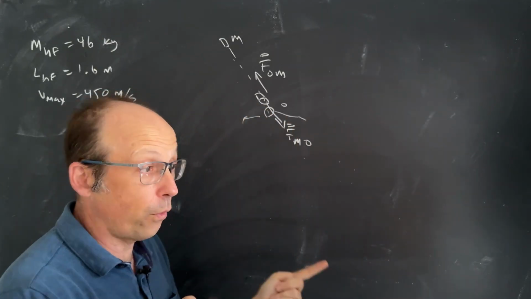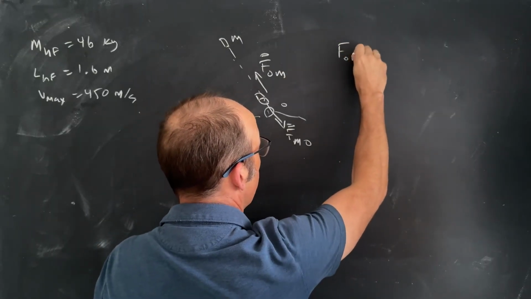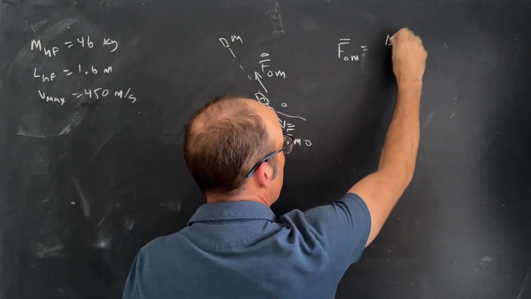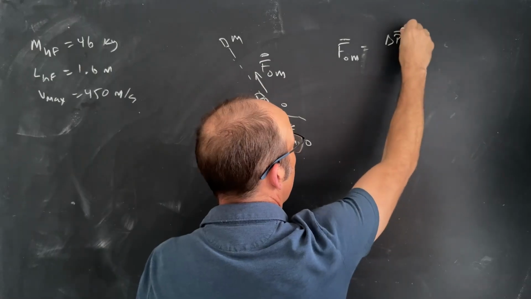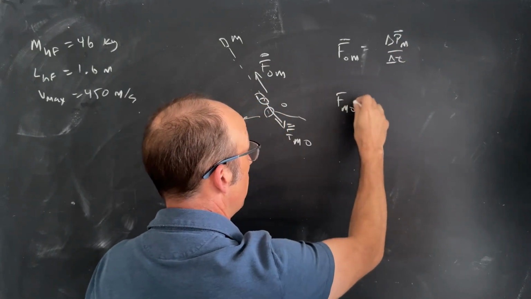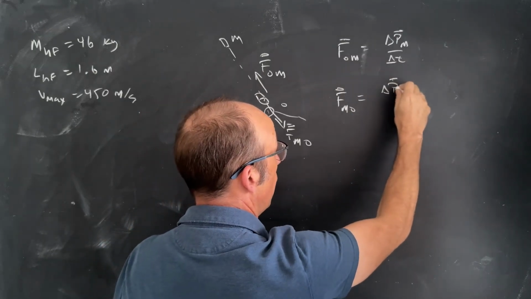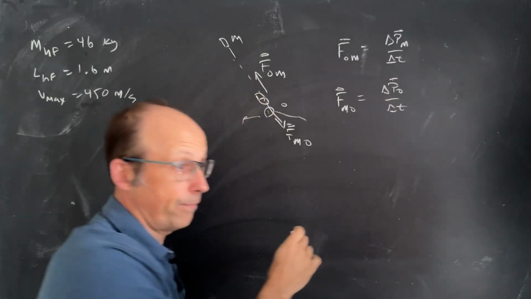Now, what do forces do? The net force on an object, F of the orb on the missile, is equal to the change in momentum of the missile with respect to time. And the same thing is true for the orb. The net force on the orb is the change in momentum of the orb with respect to time.